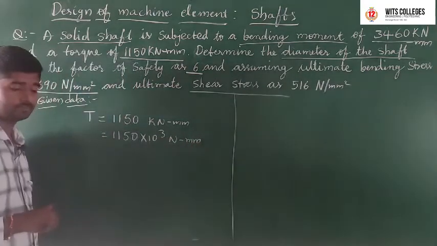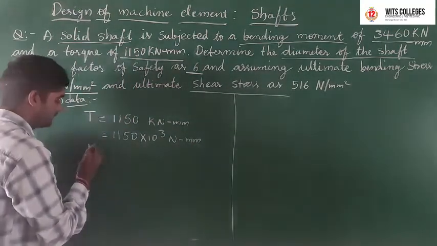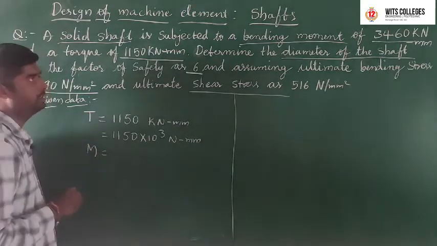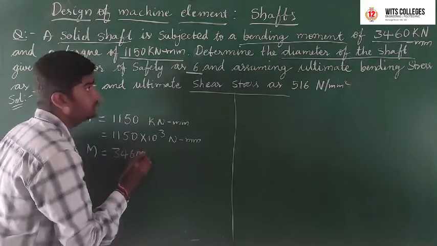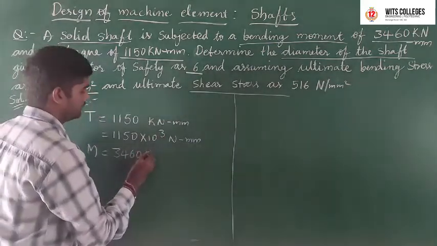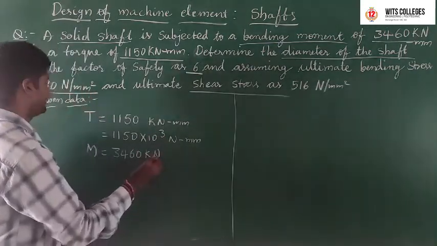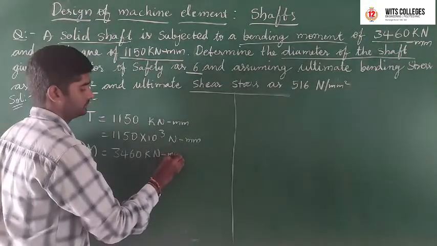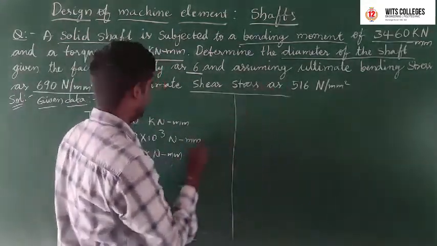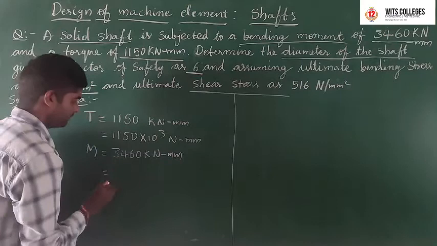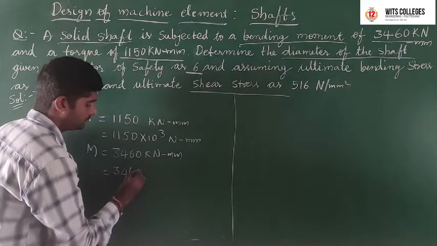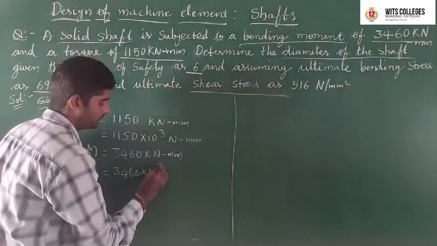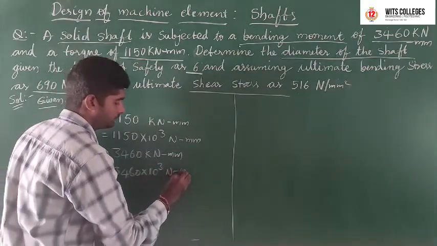Next, bending moment is denoted by M, M is equal to 3460 kilonewton mm, converted into Newton mm, 3460 into 10 cube Newton mm.